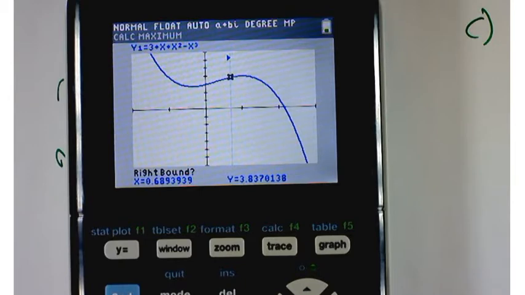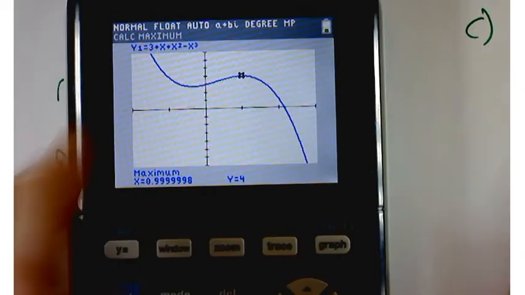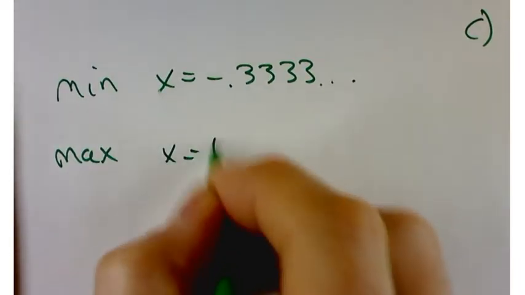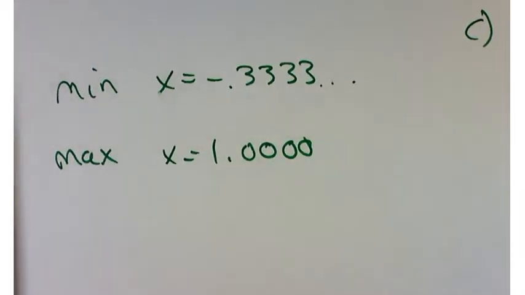It doesn't have to match mine exactly. So I've got a left bound and a right bound. Then just press enter one more time, because it wants an initial guess. What would that value be for x if you round it to anything reasonable? 1. So the maximum is at x equals 1.0000. There's your min and your max.